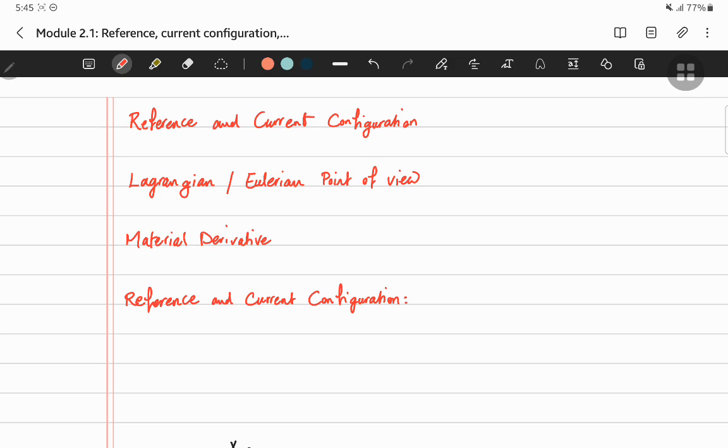We will discuss this later, but all in all, the point of this module or chapter is all about deformation and strain.